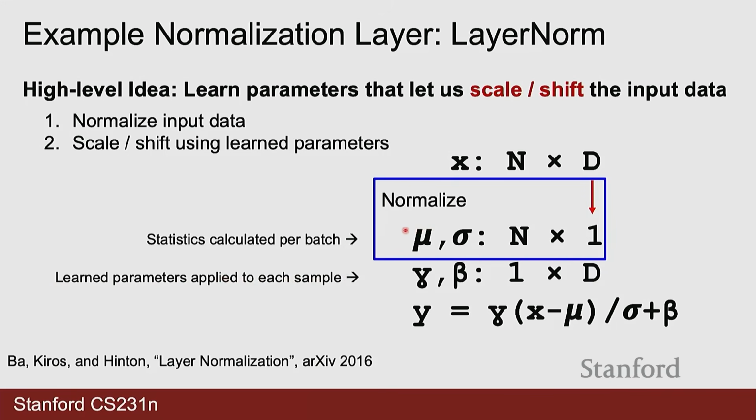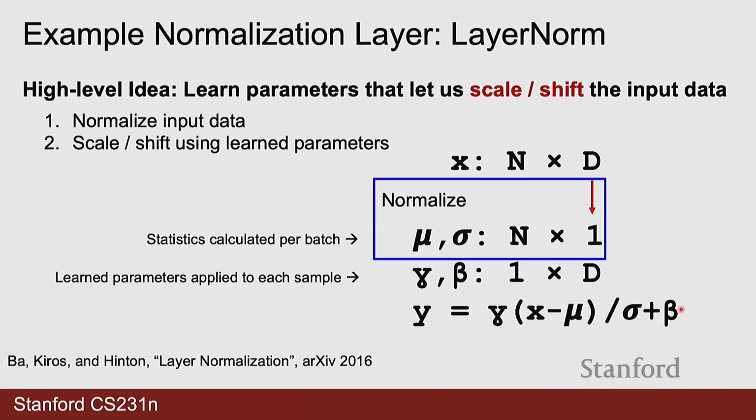After we calculate our statistics in this way, treating each sample separately, we then apply these learned scale and shift parameters. So we subtract the mean and divide by the standard deviation within our input data to normalize it, and then we apply the scale with multiplication and the shift.